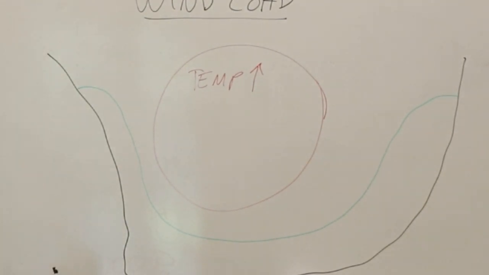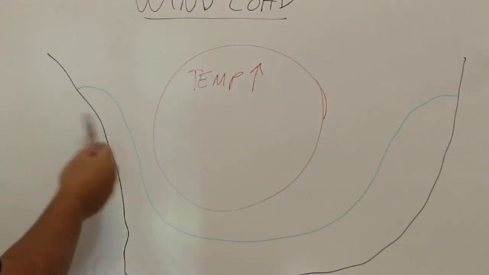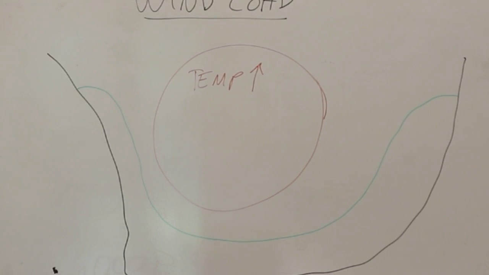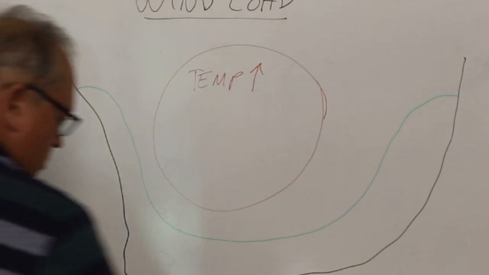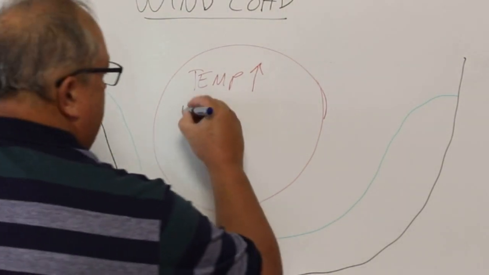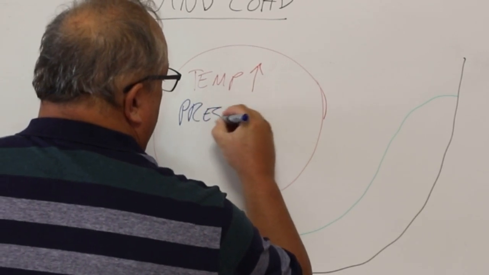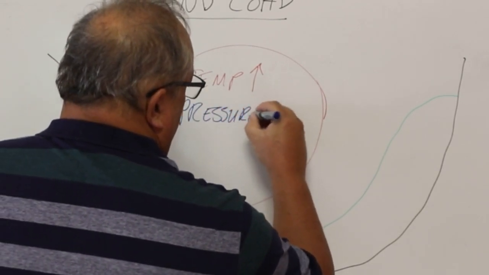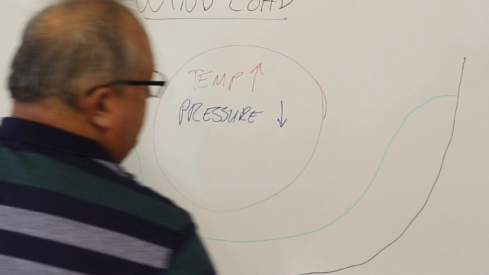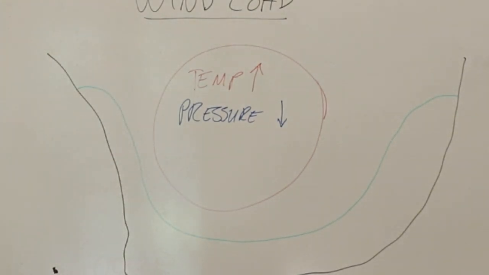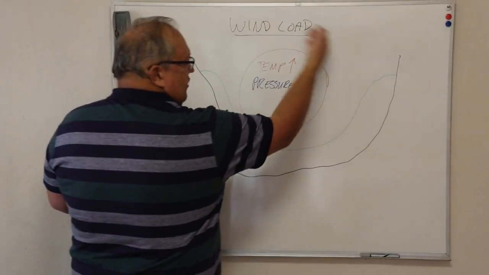Think of the Karoo. The Karoo is generally a lot warmer than our coastal region. What can we say about our air pressure? Our pressure is generally low. Why? Because this is a high-lying area.